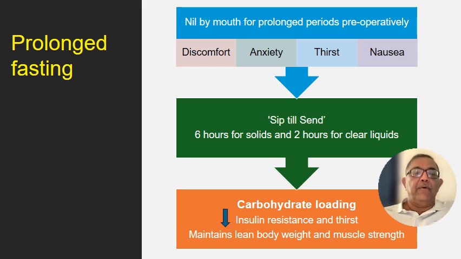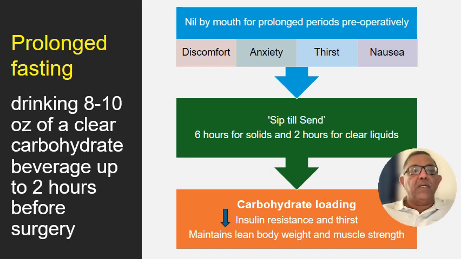The carbohydrate loading decreases the insulin resistance and thirst, maintains lean body weight and muscle strength. So it is important that the patient should be on carbohydrate loading rather than NPO. Instead of prolonged fasting, the drinking of 8 to 10 ounces of clear carbohydrate beverages up to 2 hours before surgery is what is recommended now as a standard.